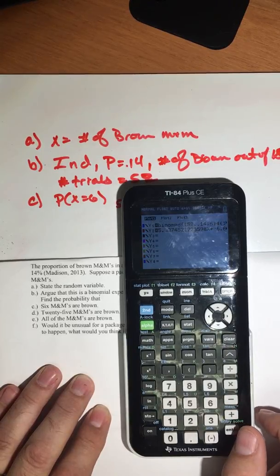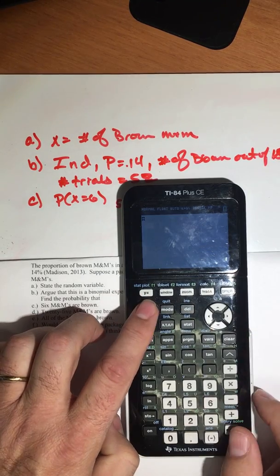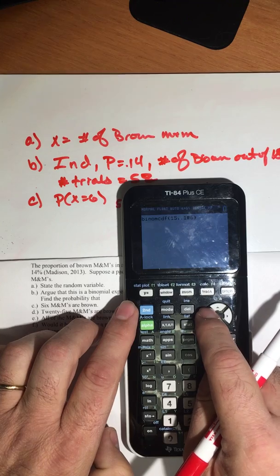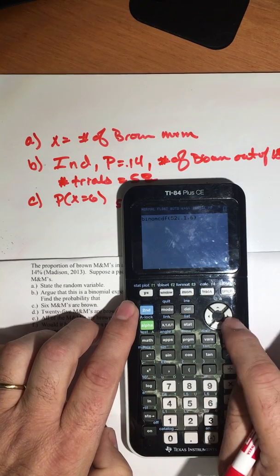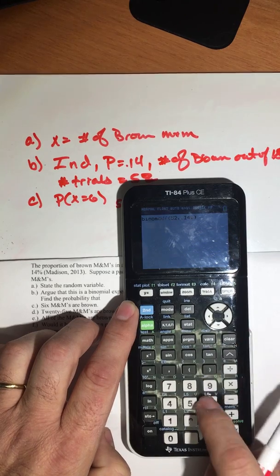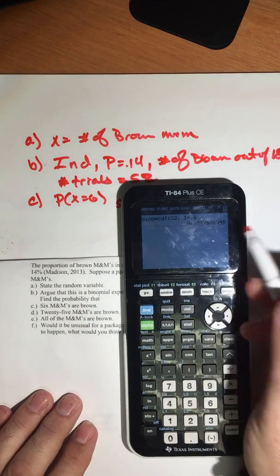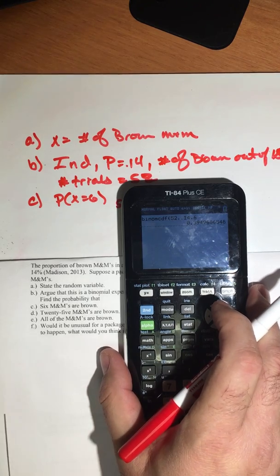And we get, oh, I typed it into the wrong spot. Let's try that again. So binomial, there were 52 trials. The probability was 0.14. And we wanted 6 successes. And I get 0.3949.